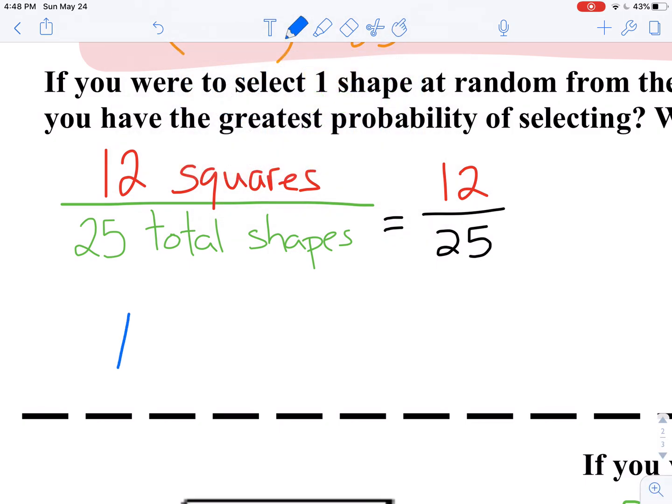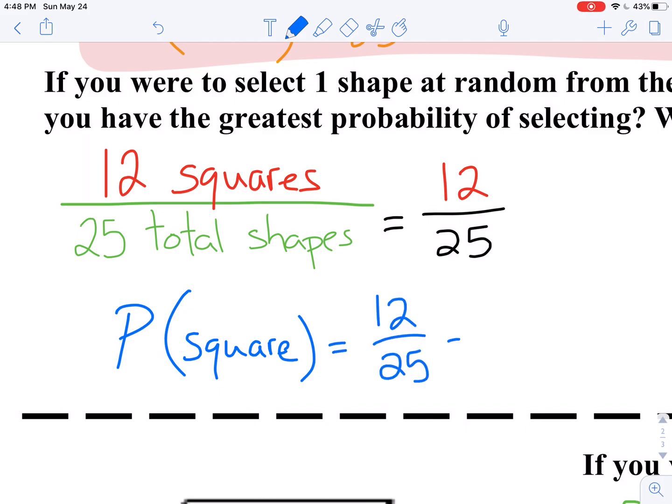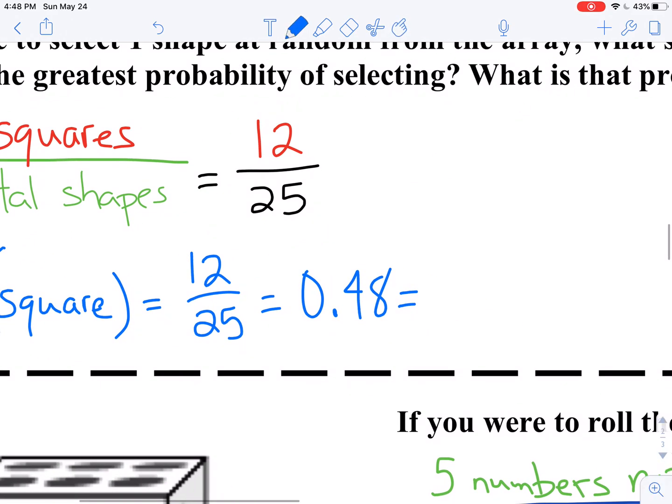So I can write probability of getting a square equals 12/25, right? And 25 times 4 is 100. 12 times 4 is 48, so that's 0.48. And that is the percent, 48%.